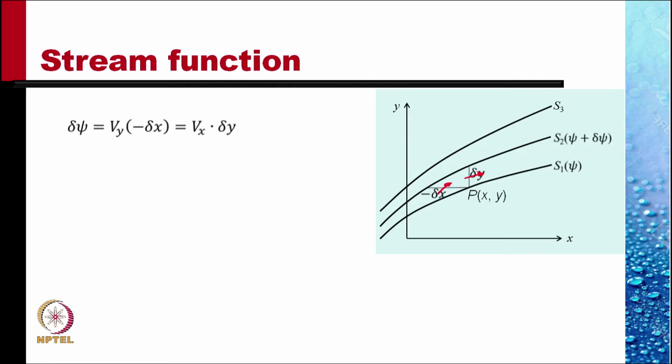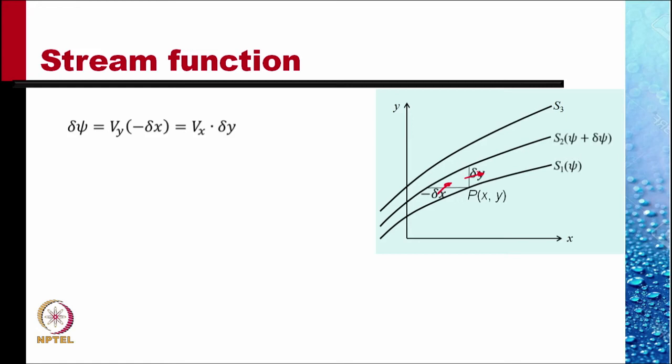Clearly dψ is Vy into minus dx, which is also equal to Vx into dy, because it's only the Vy velocity component which will create a flow across the horizontal line segment, Vx being along the line segment itself.